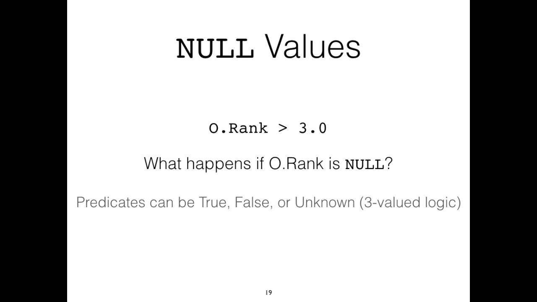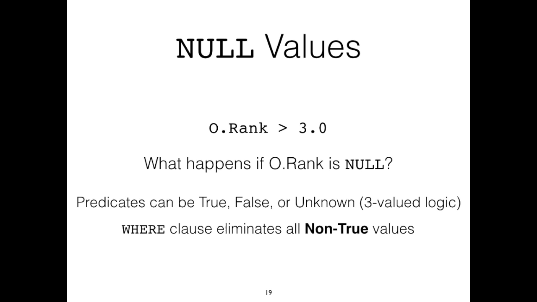So SQL uses what's called three-valued Boolean logic. This is really just kind of weird. The idea is that the truth value of an expression can either be true, false, or unknown.